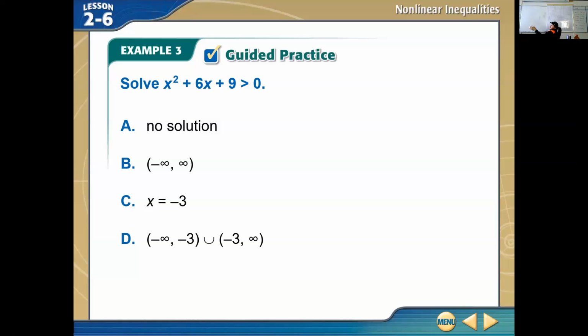We hit -3, and then we shot back up, -3 to positive infinity. Since it's just greater than, we have to eliminate -3 from our solution set. So the answer should be D: -infinity to -3, union, -3 to positive infinity.